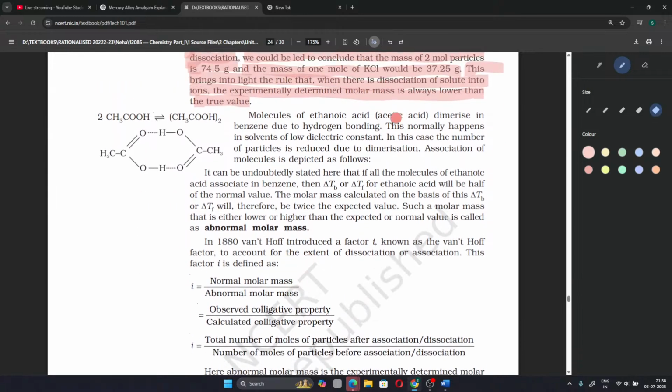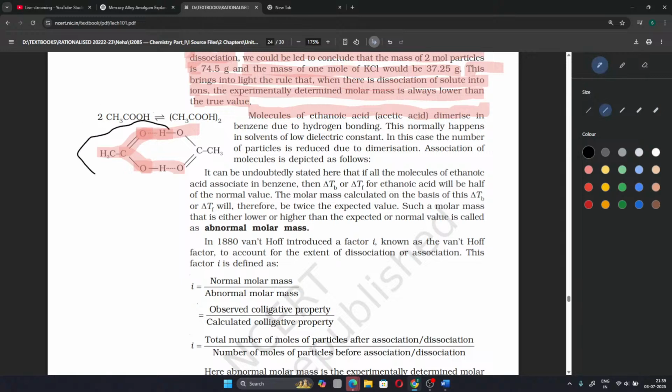Okay, fine. Molecules of ethanoic acid, acetic acid, dimerize, meaning they get bonded like this through hydrogen bonding. This is a single acetic acid molecule, one molecule.